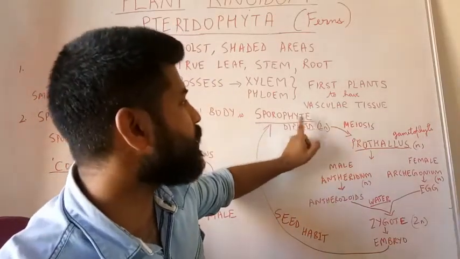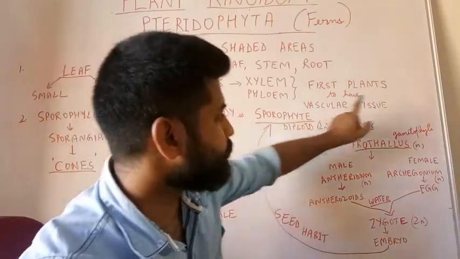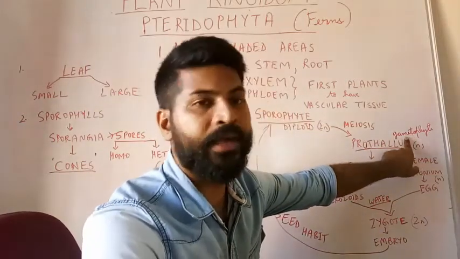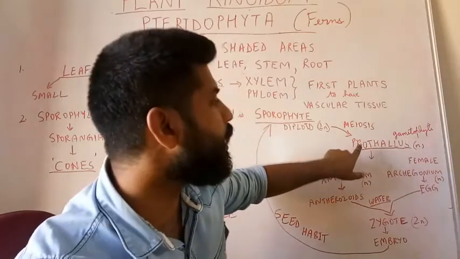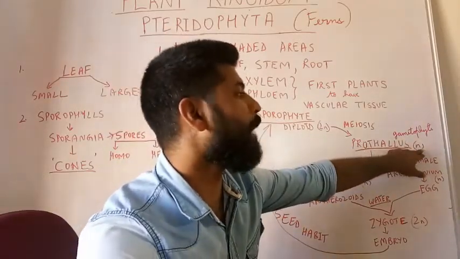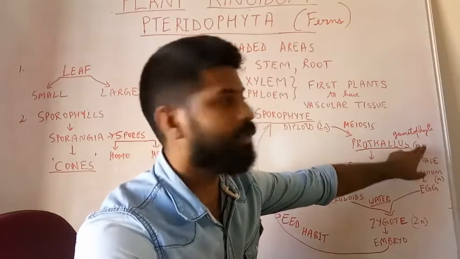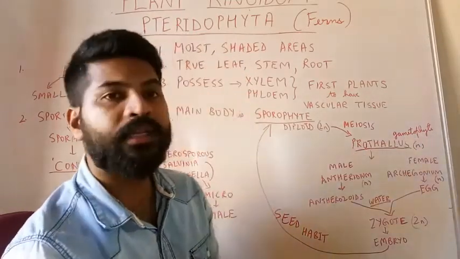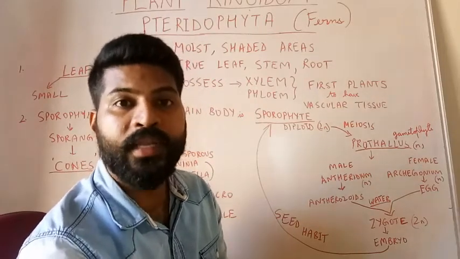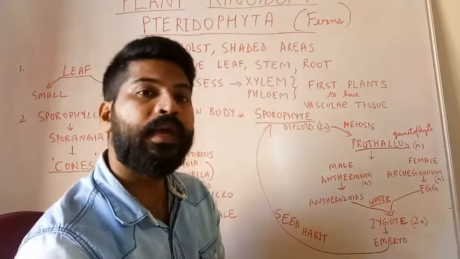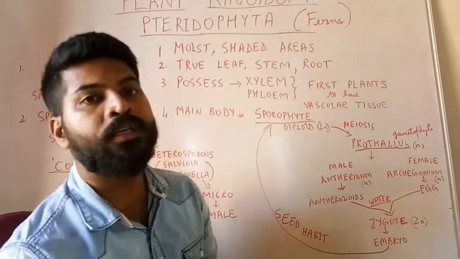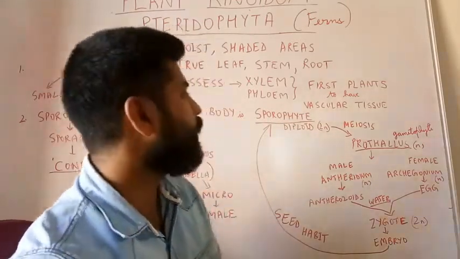So at the end of meiosis, it produces spores which produce a gametophyte called a prothallus, which is haploid in nature. The gametophyte is green, photosynthetic. It is independent, free living. It can prepare its own food. It is not dependent on the sporophyte.